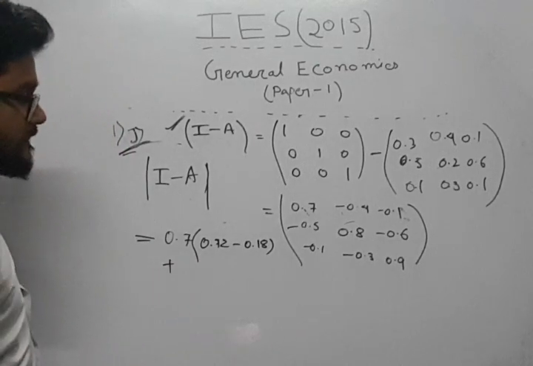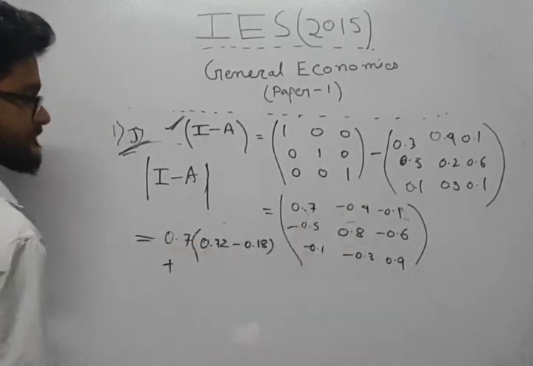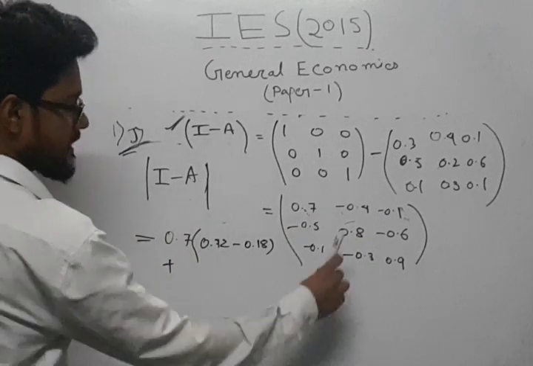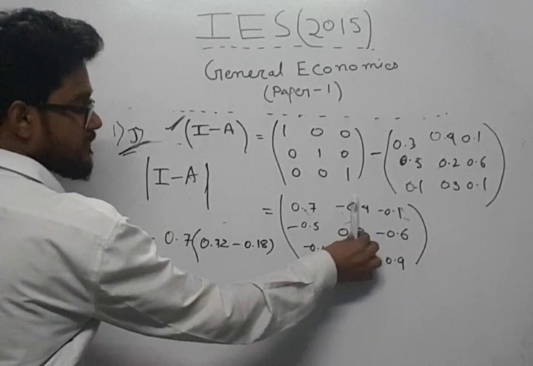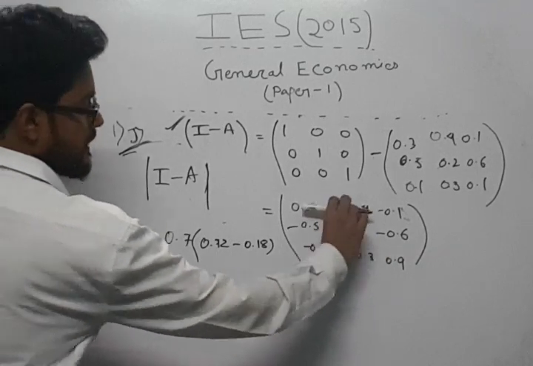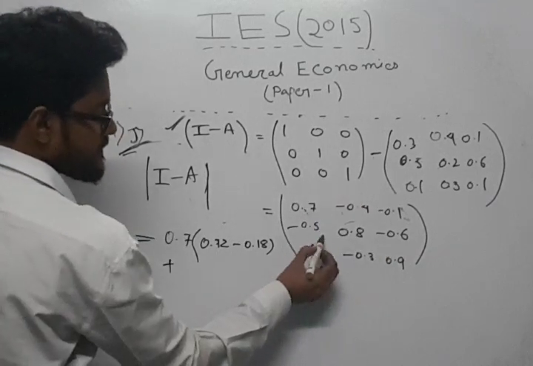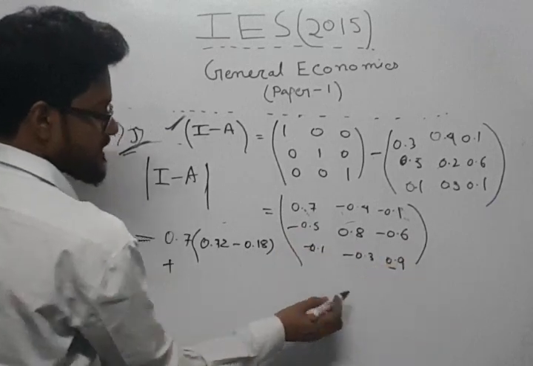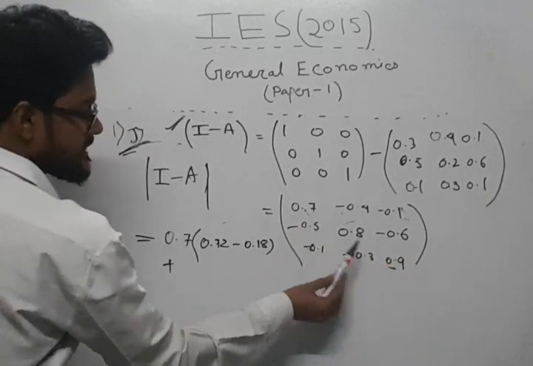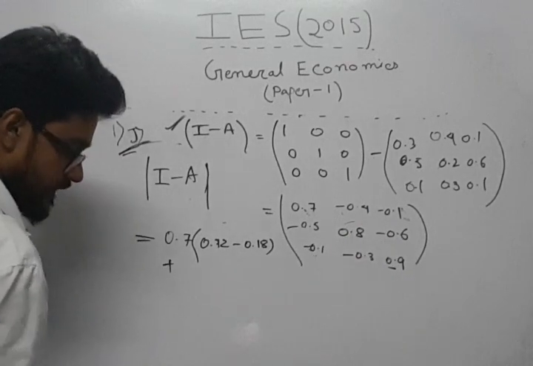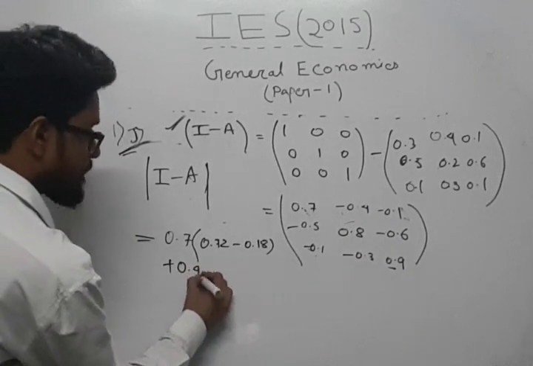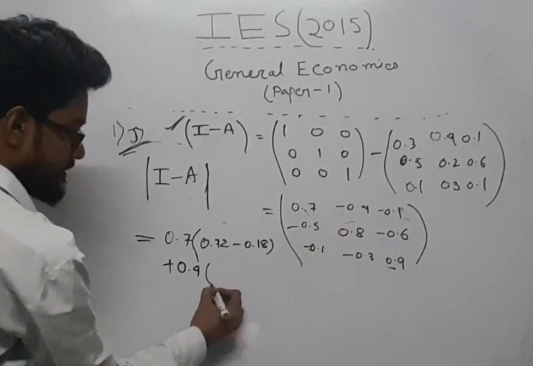Now similarly, if you take this term, then you close this row and column, so you will be left with these two here and these two here. Similarly, you multiply this with this minus this and this. Here we will also get 0.4.